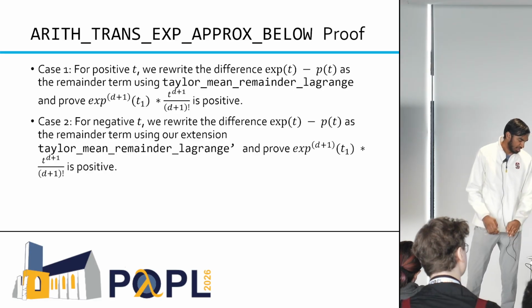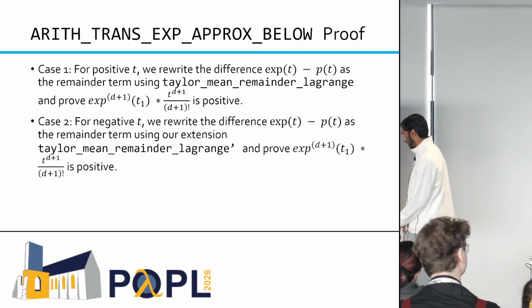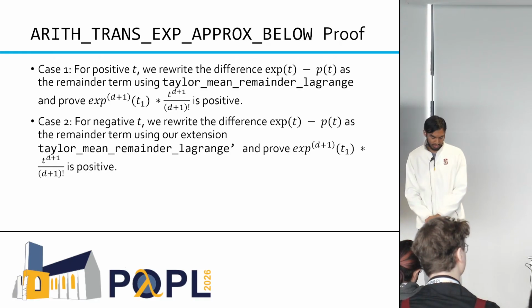And then for negative t, we need the other version of the theorem, and once we use that, we get a similar expression to study once you take the difference between the exponential function and the Taylor polynomial.